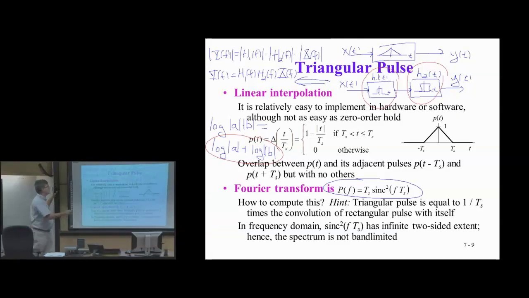The multiplication is in linear units, and in dB it's a sum, because of this identity for the logarithm. So it's a little better low-pass filter. The stop band attenuation is 27 dB. It's better.